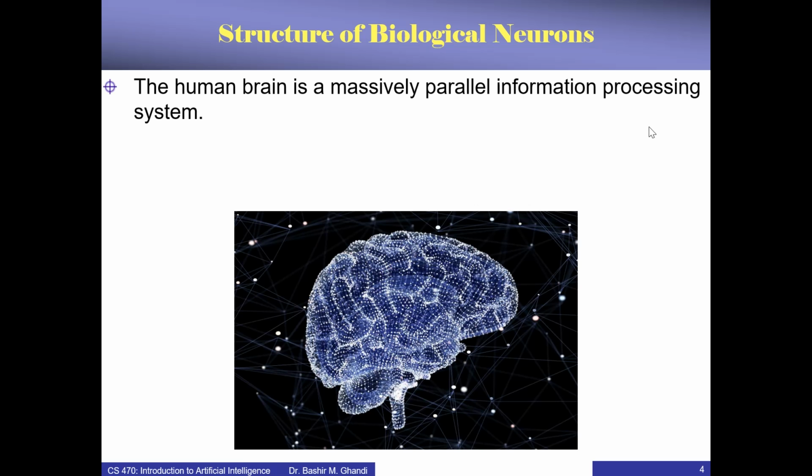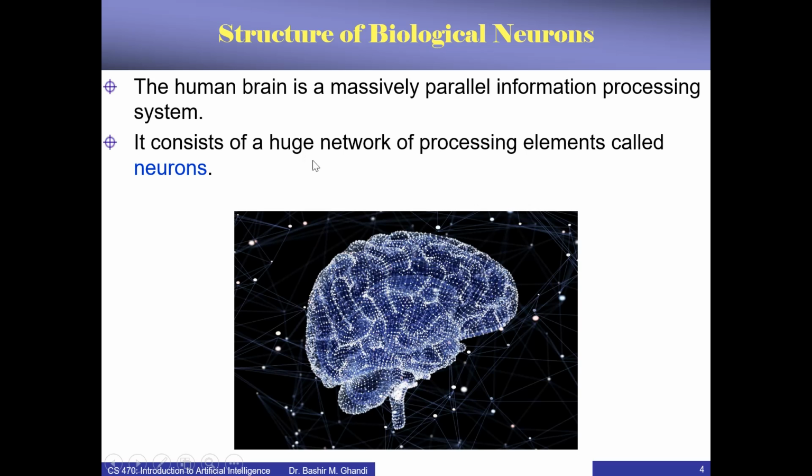All right, now a human brain is a massively parallel information processing system containing billions of neurons. So it consists of a huge network of processing elements which are called neurons.